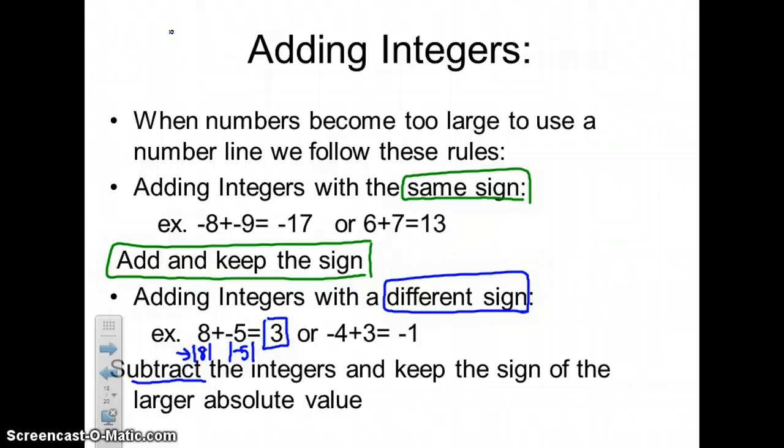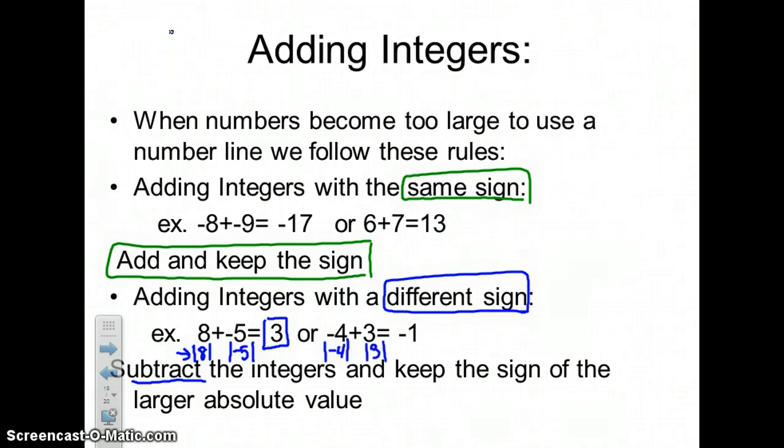If I look at my second example, I have -4 plus 3. So they have different signs. 4 is negative, 3 is positive, and I subtract them. 4 minus 3 is 1. And I take the absolute value of each one. The absolute value of -4 is 4, and the absolute value of 3 is 3.